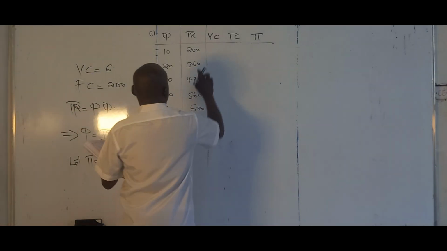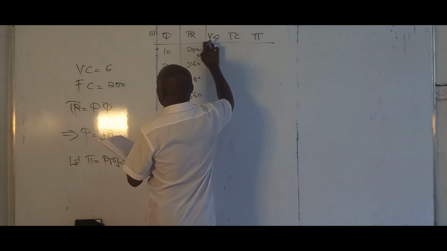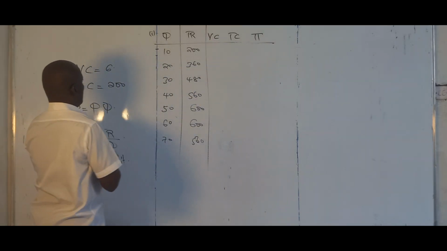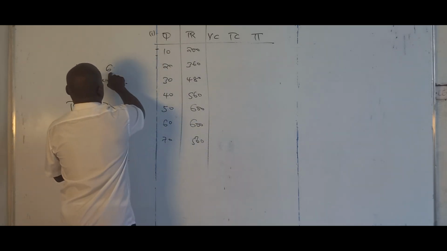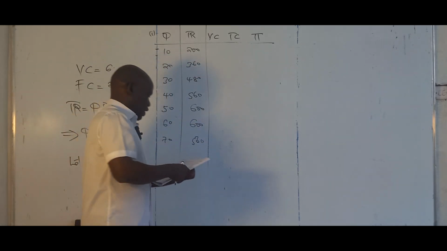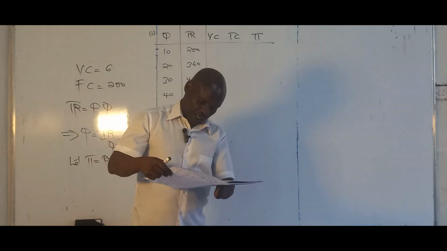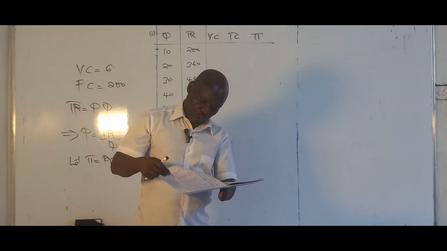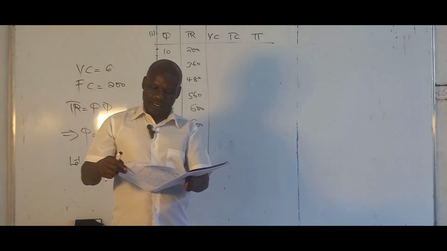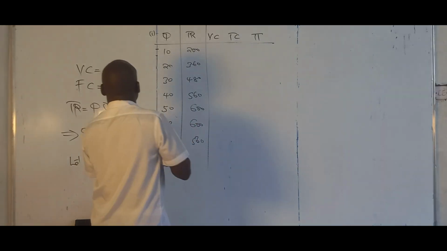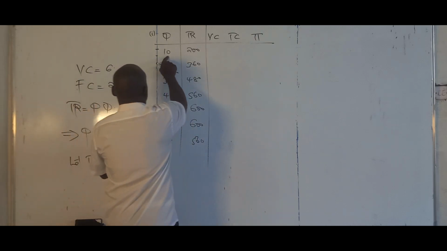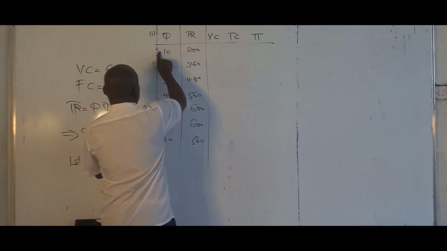So it then means that variable cost, we were told, is 6 per unit. We were told that variable costs are constant at $6 per unit produced. So it then means that we'll be multiplying 6 by each item produced here.